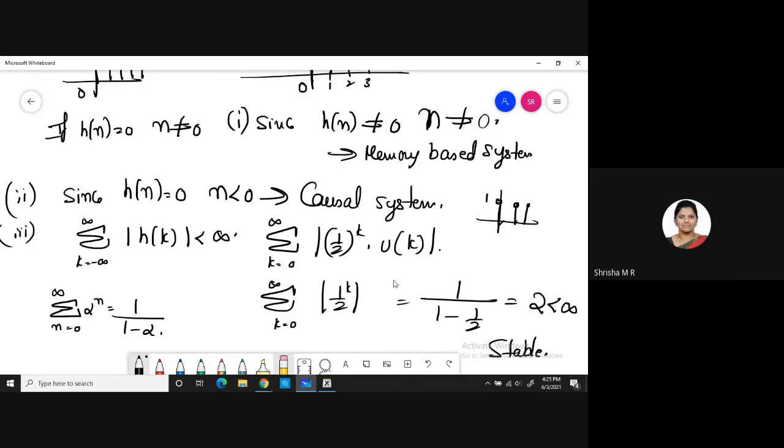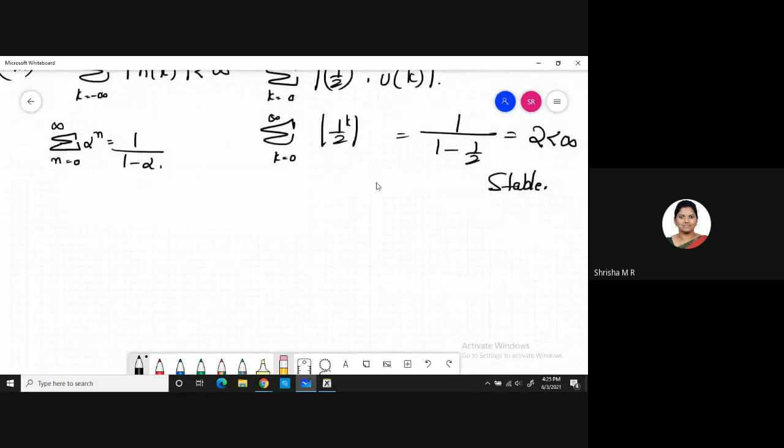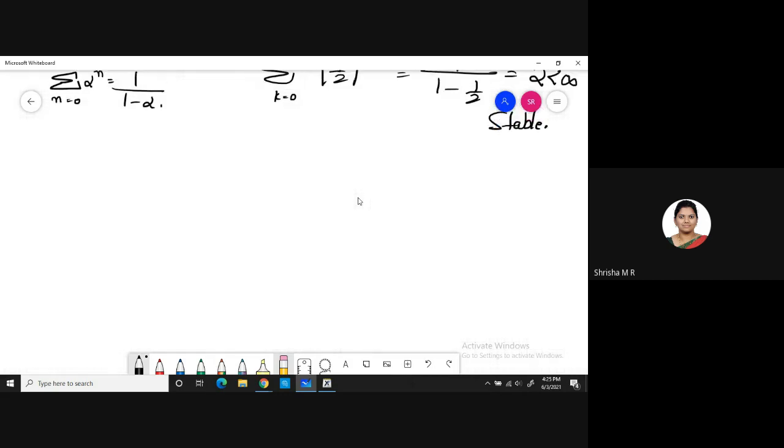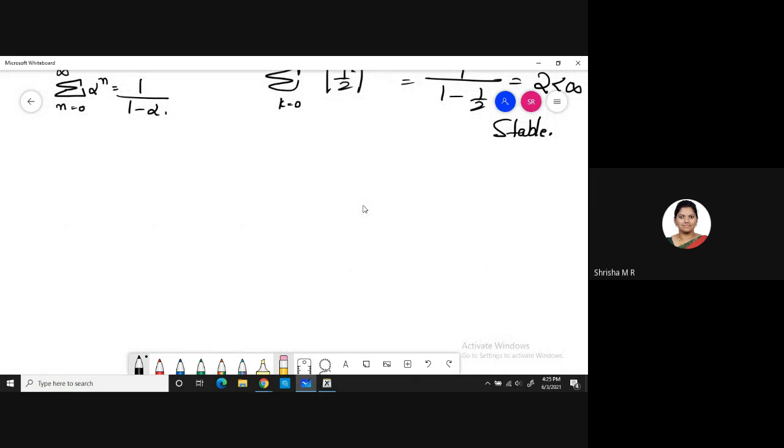We'll solve one more problem and wind up. Do you understand how to categorize based on memory, causality, and stability? Impulse response. Okay, you take down this. h of n is equal to 0.99 to the power of n into u of n plus 3.